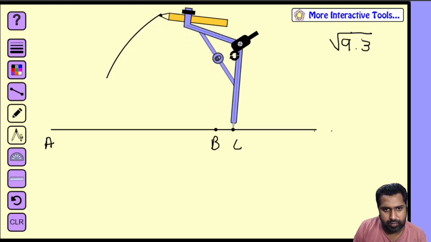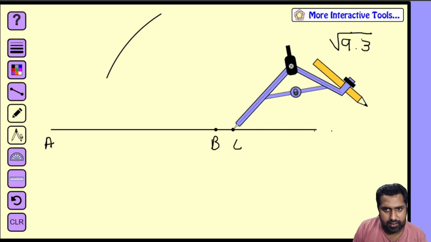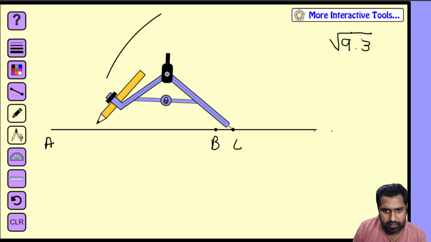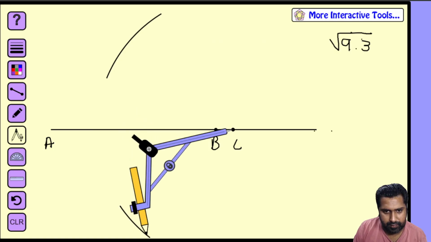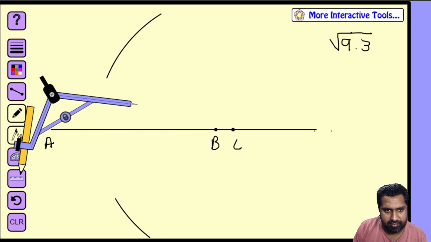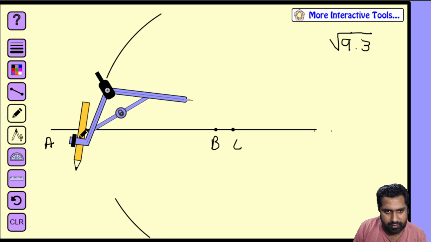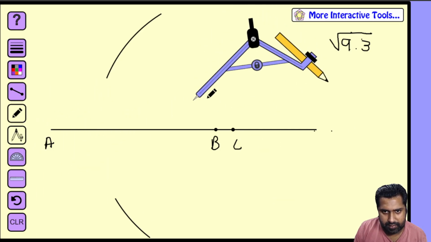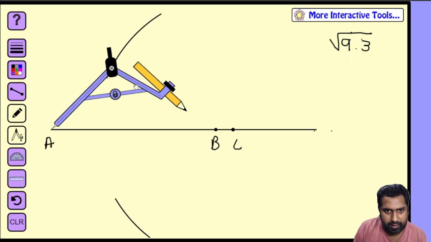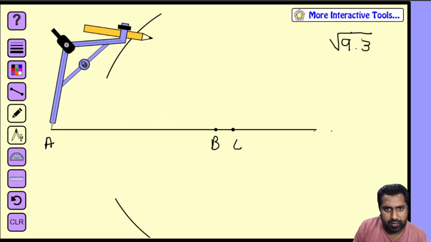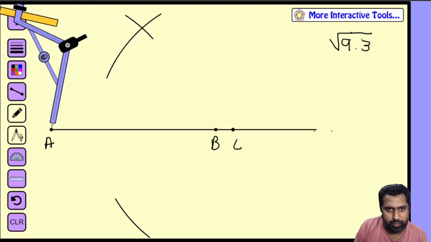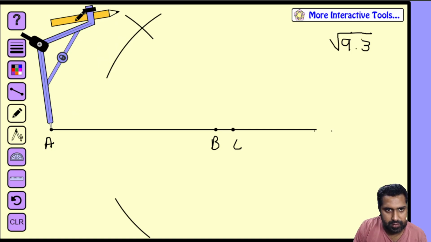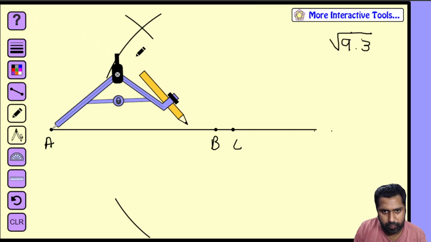So one arc like this, one arc below, same way on this side also, one arc like this, and one arc below.